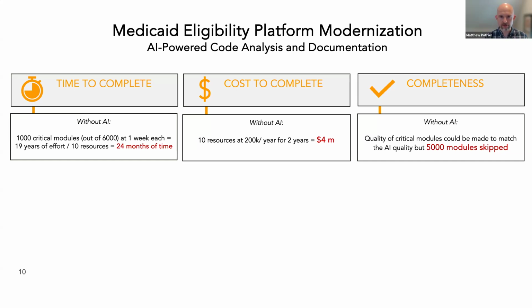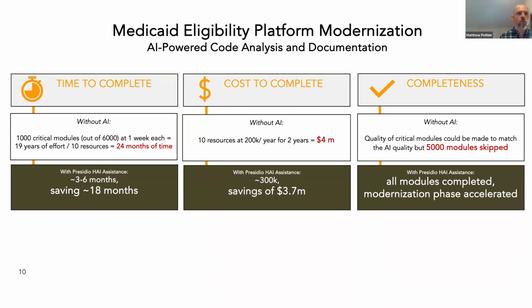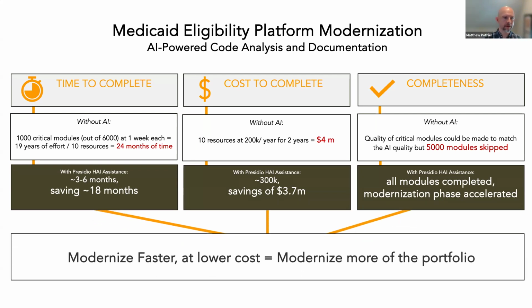Using Presidio's HAI assistance, we're able to get that done in about 3 to 6 months at a fraction of the cost, say 300K, and obviously getting all 6,000 done, not just 1,000, right? So the theme here is modernize faster at a lower cost, and you can modernize more of the portfolio.